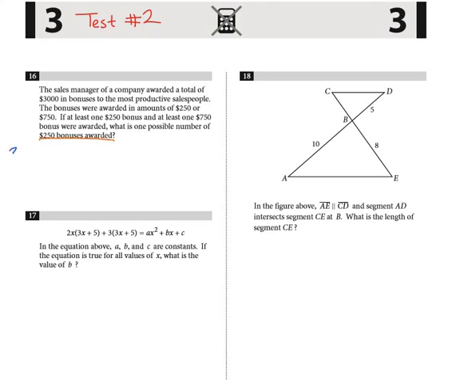So we have $3,000 to distribute in $250 and $750 bills. We know that at least one $250 and one $750 is awarded already. What is one possible number of $250 bills given? So we can go like this. We know that at least this is given, so let's subtract this.